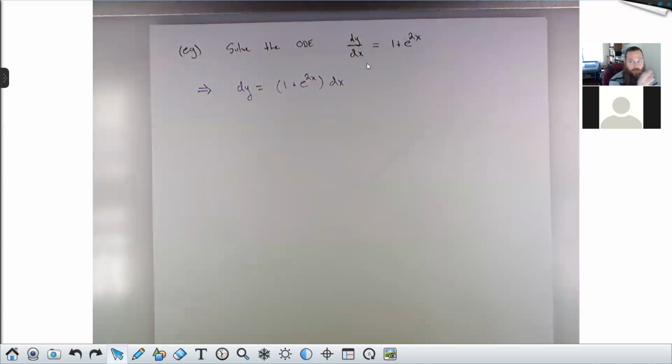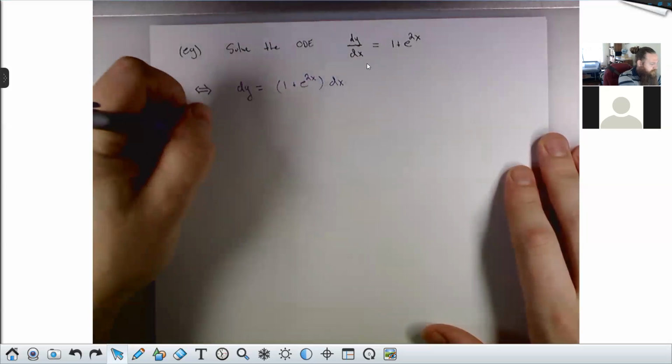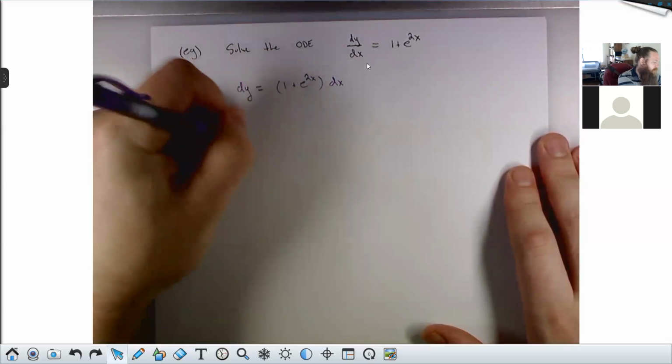So even though this is one of those super easy types that you saw in Calc 1, I'm going to use the notation and methods of separation of variables to introduce you. This is actually an if and only if. So now we can integrate on both sides.